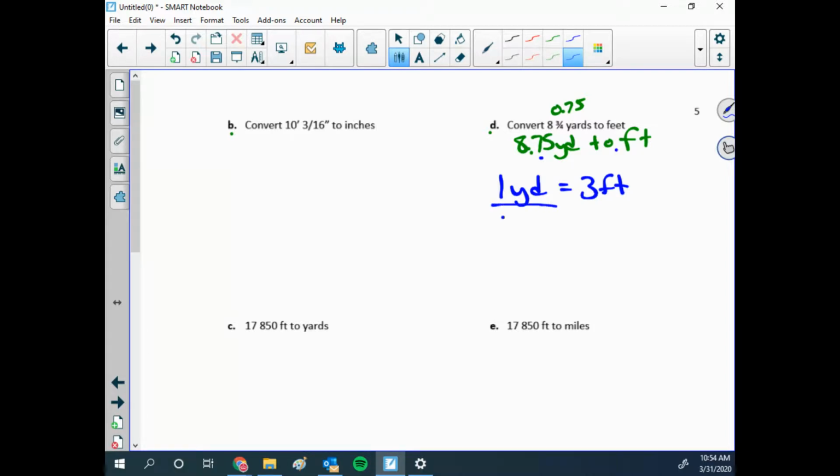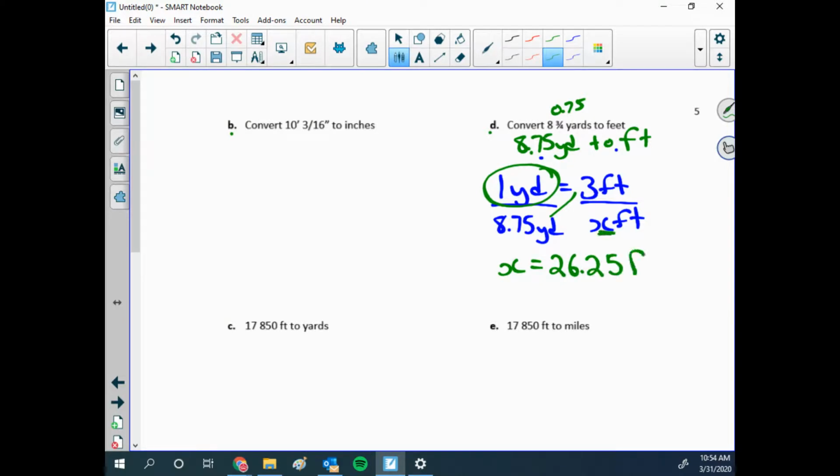I know that I'm looking for 8.75 yards, and I want to know how many feet that is. Once I've set up my proportion, we just cross multiply and divide. So 3 times 8.75 divided by 1. So X is equal to 26.25. And I'm looking for X, so my final answer is in feet.